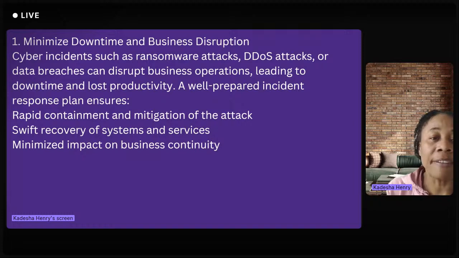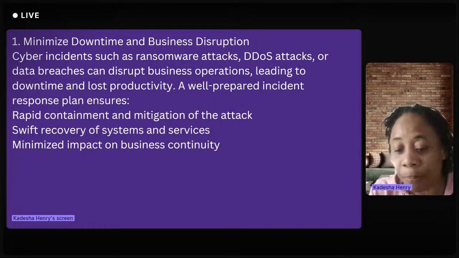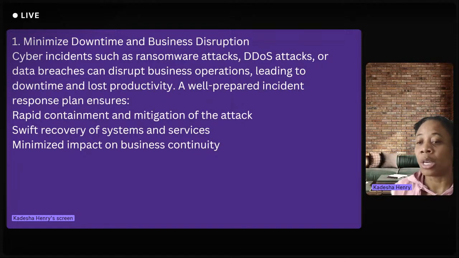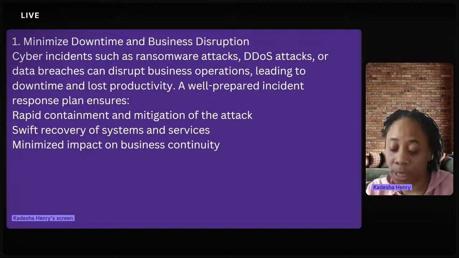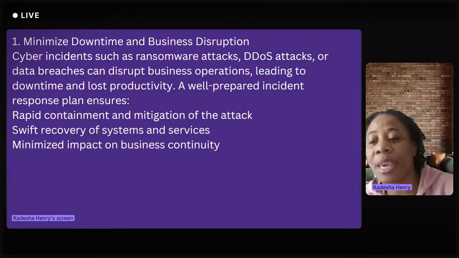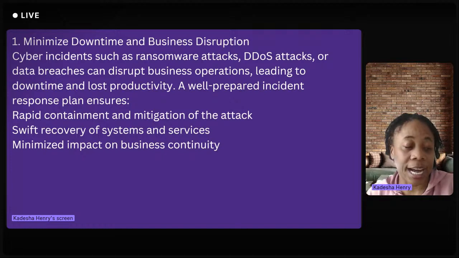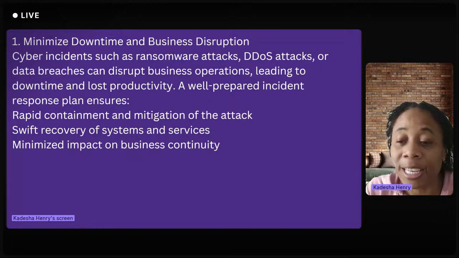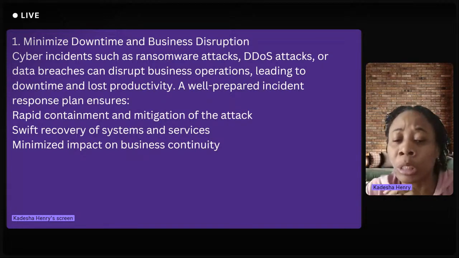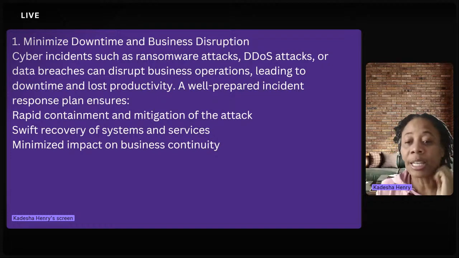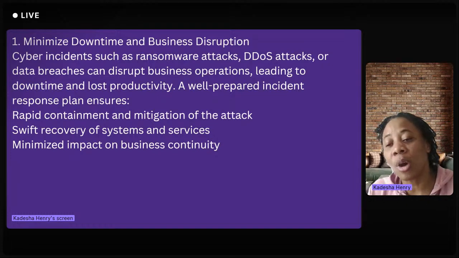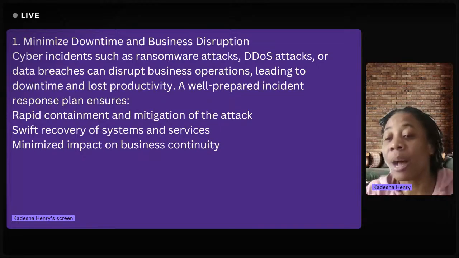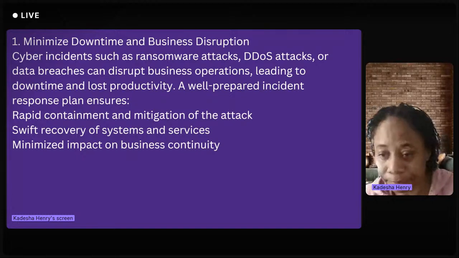If you have a good incident response plan, it's going to tell you what we are going to do should this system get corrupted, should there be ransomware, should there be a DDoS attack. What are we going to do to ensure that the system continues to run? Can we contain it fast enough so there is absolutely no downtime? Those are things that you keep in mind and keep in focus when you are doing the incident response plan, right?